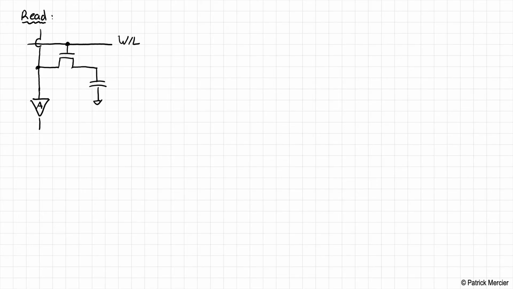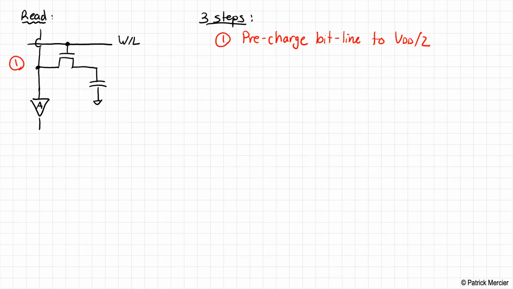It turns out that we do the reading operation in 3 steps. Step 1 is we pre-charge the bit line to VDD over 2. I'm not showing the pre-charge transistor, but we'll charge it to VDD over 2.